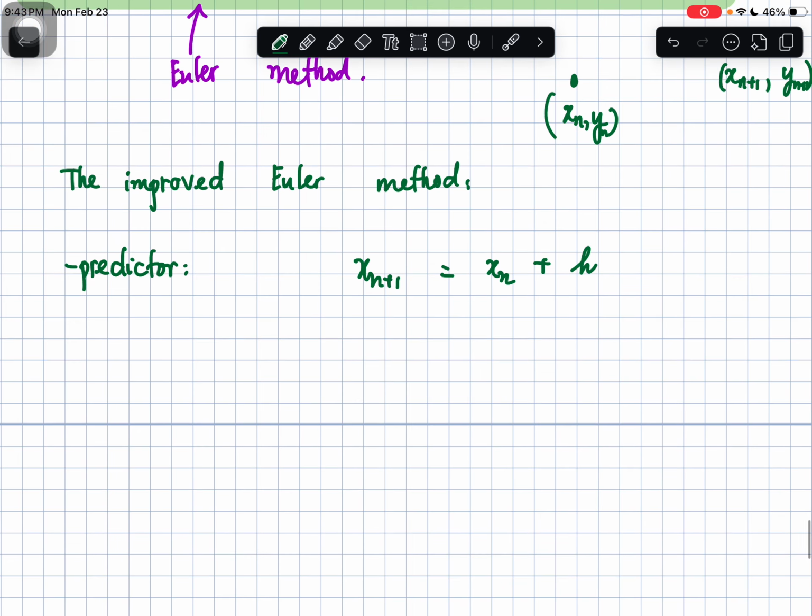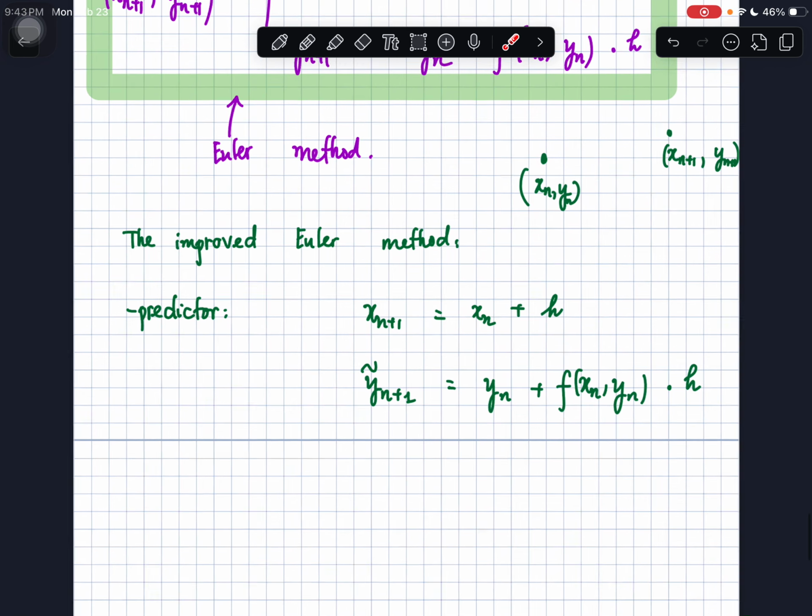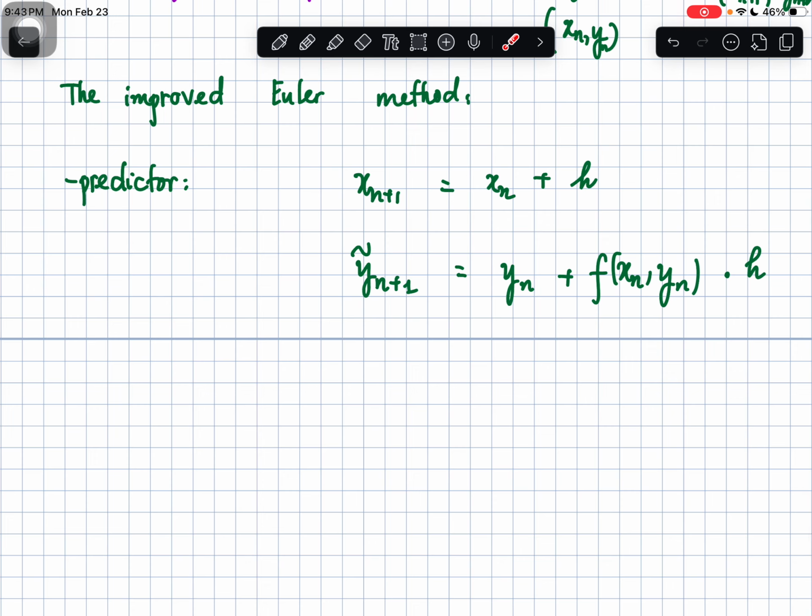Now y(n+1), we don't finish with the y(n+1), so I write y tilde (n+1) is yn, exactly this formula, yn plus the slope f(xn, yn) times h. We use the Euler methods here for the predictor. Now second step, we will use the average of the slope at this point and the slope at this point. And that step we call the corrector.